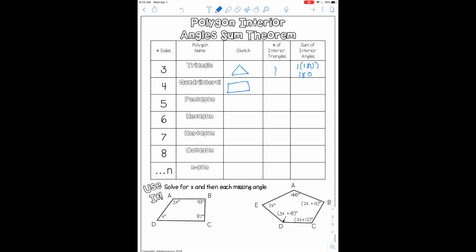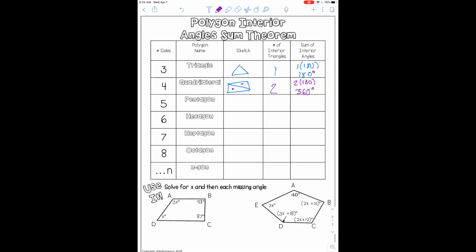Remember that it's made up of 2 triangles. So we take 2 times 180 equals 360 degrees.